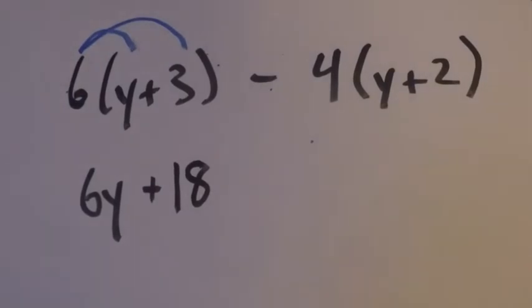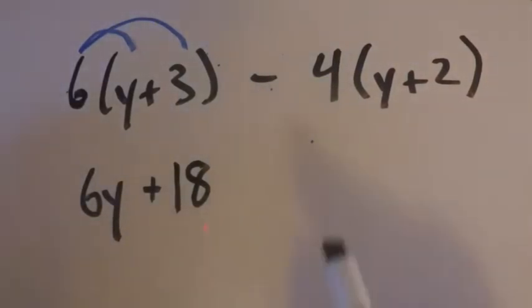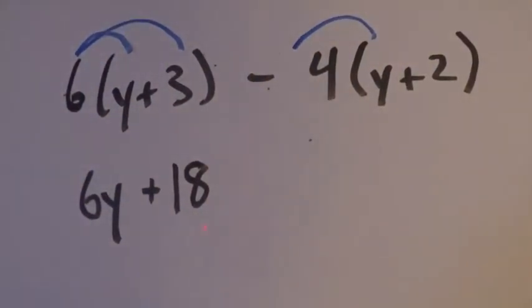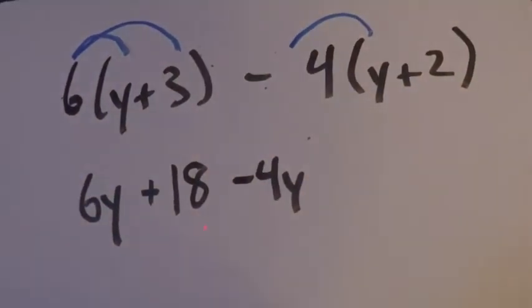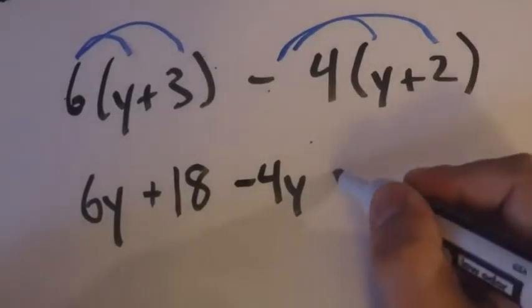Now again, remembering that when we have a subtraction sign in front, we're actually going to attach it to this 4 to distribute it to both terms inside of our parentheses. So we'll have -4 times y, which is -4y, and we'll have -4 times 2, which is -8.